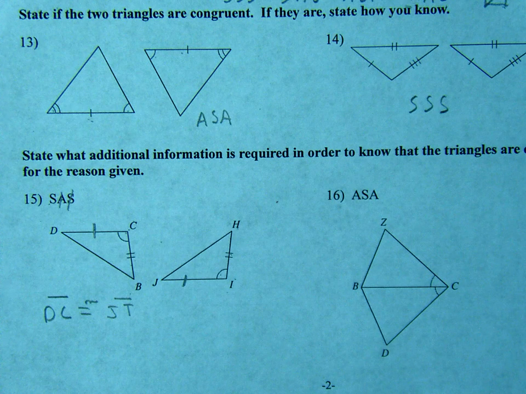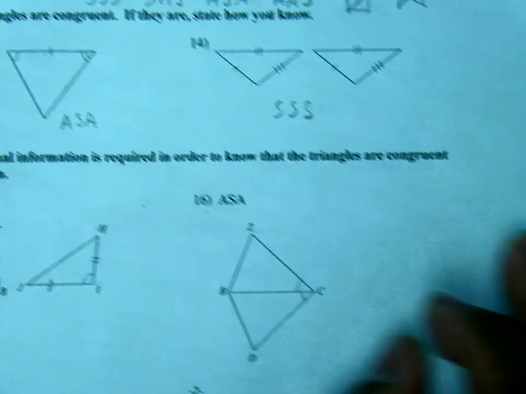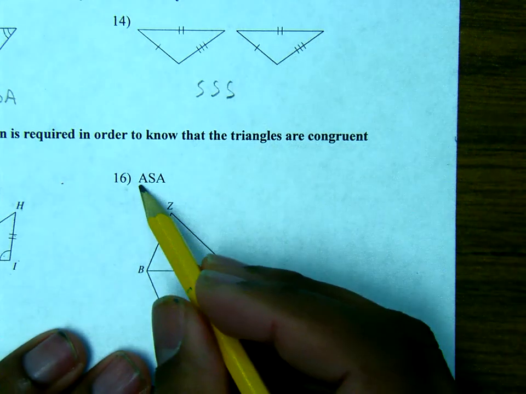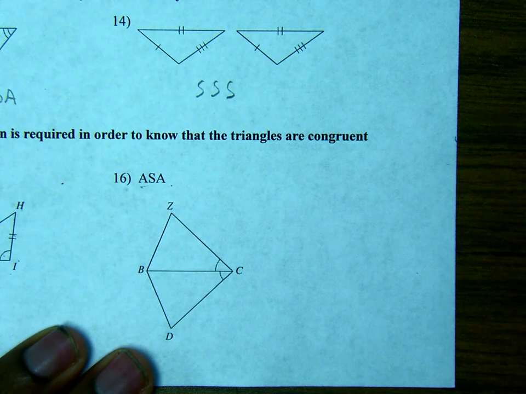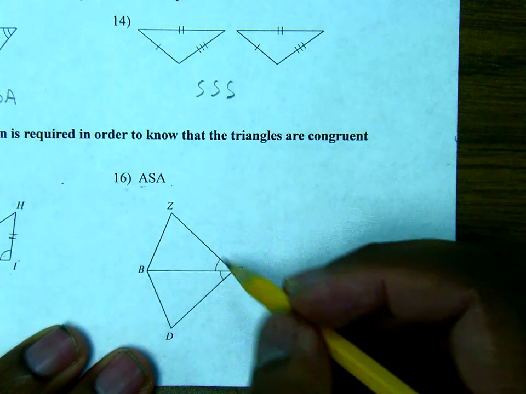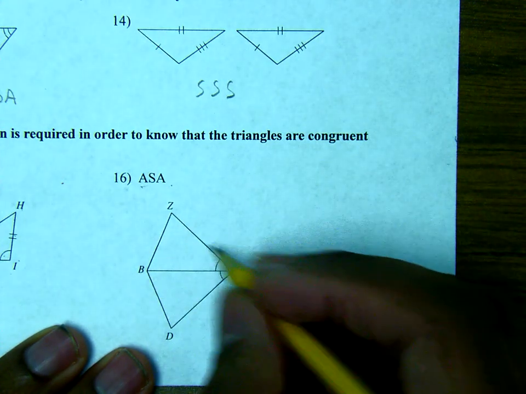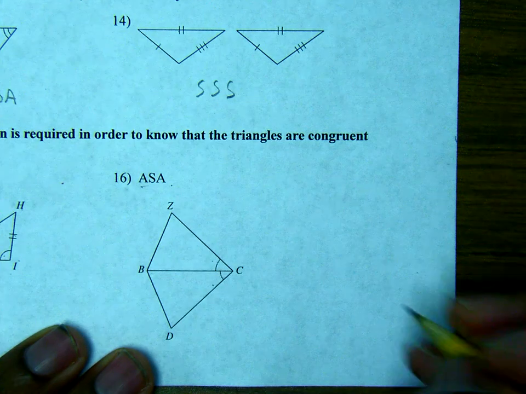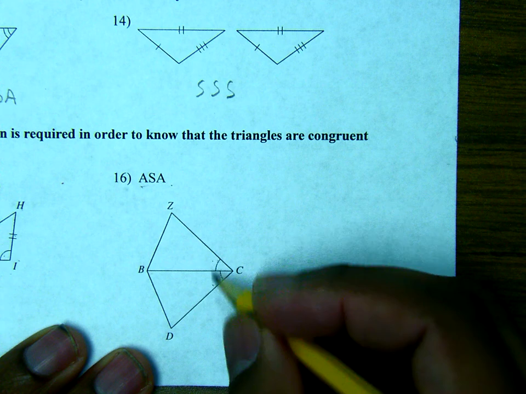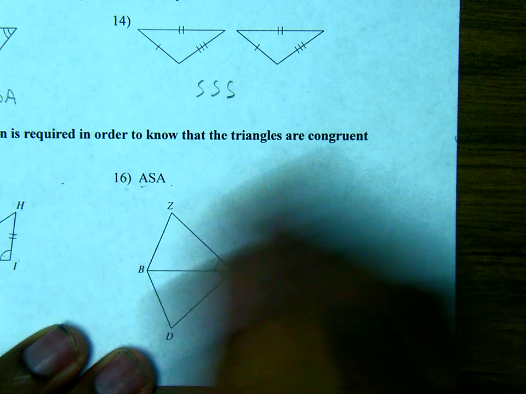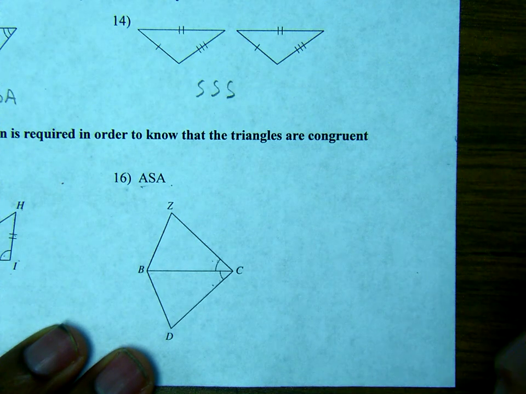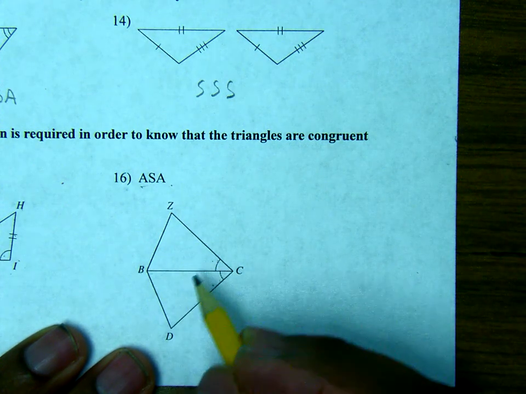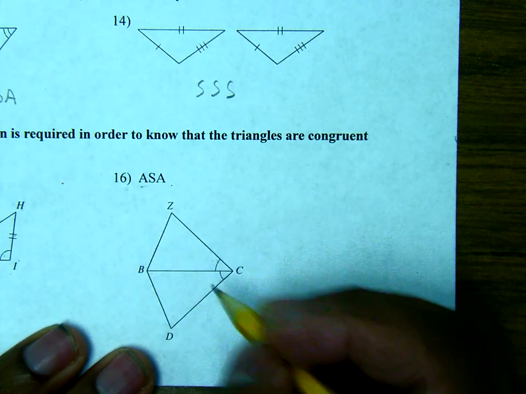Okay, let's take a look at our last problem. On 16, we're looking for angle, side, angle. Let's see what pieces we have. We have angle BCZ right here and angle DCB right here. That information is given, so we know those two angles are congruent. Now, this is a shared side, so it's congruent, the same measurement in both triangles, the top and the bottom.